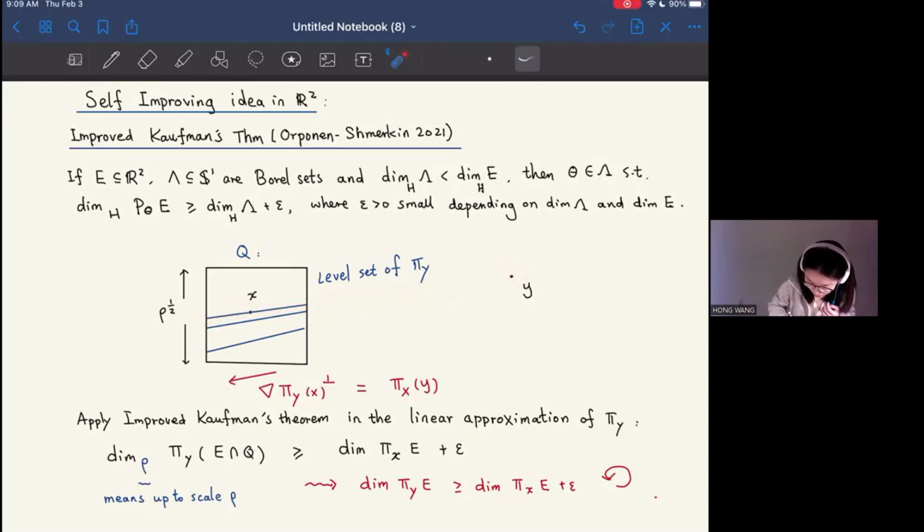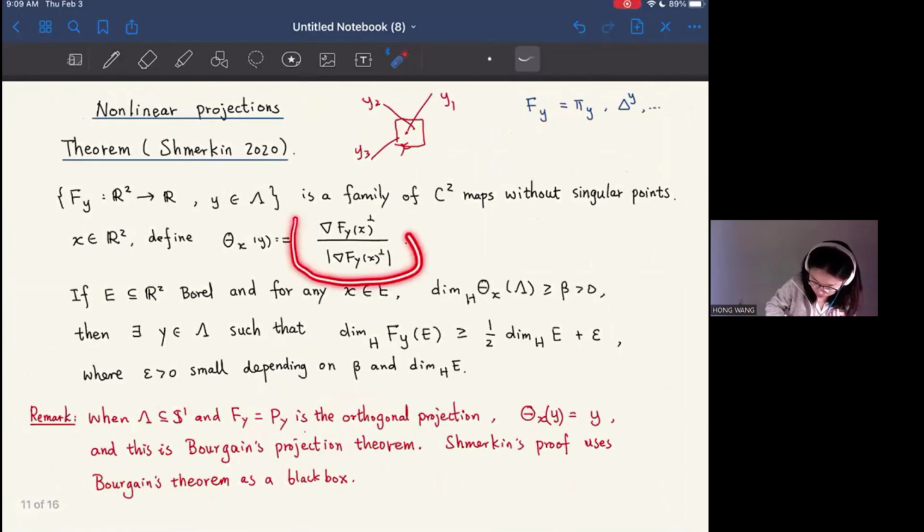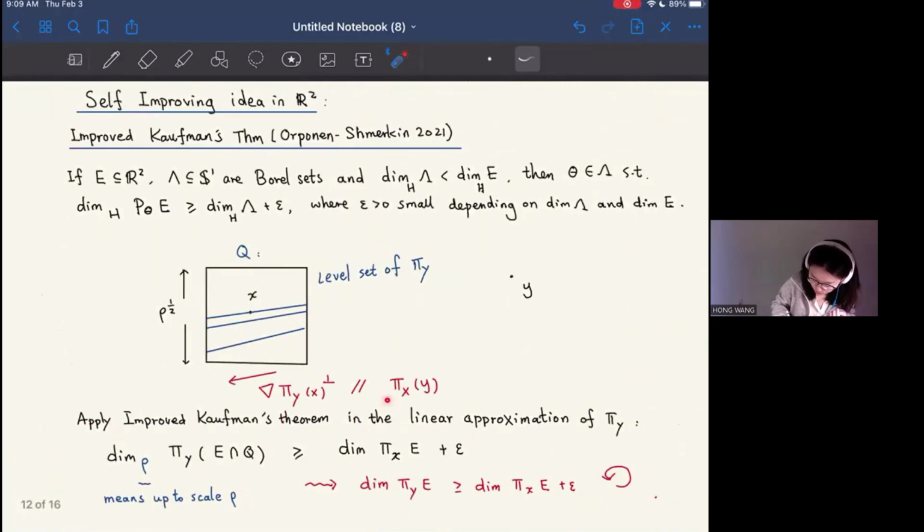And if we calculate this vector that is given by the condition here, maybe here I shouldn't say equal, but parallel, it's parallel to pi_xy.